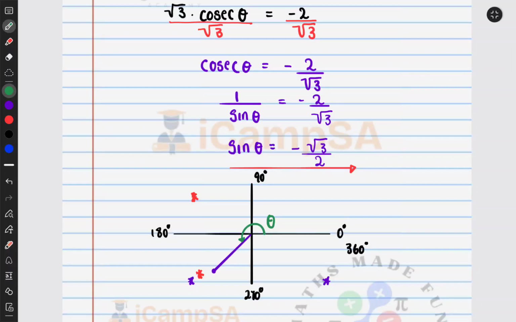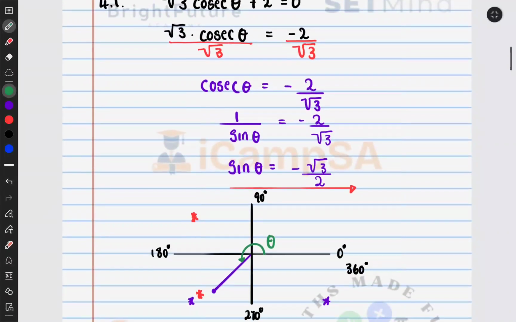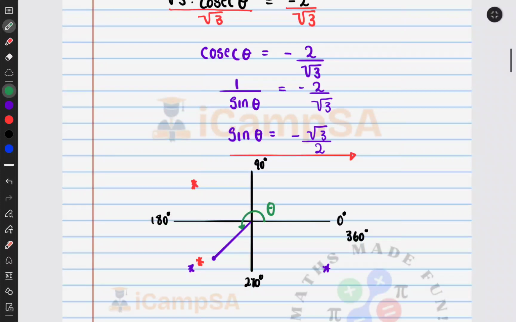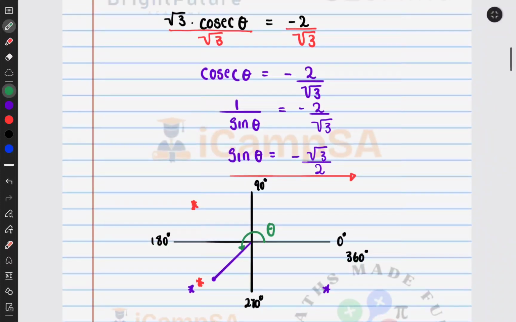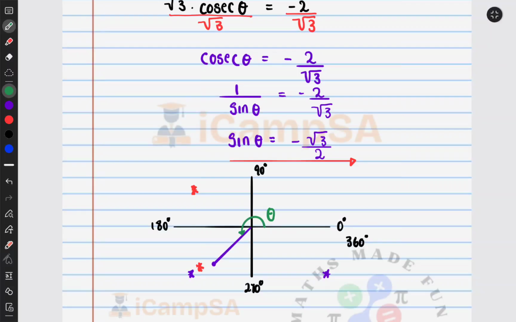Okay, so what else do we have here? We have negative root 3 over 2 for sine theta. Remember that sine is opposite over hypotenuse.